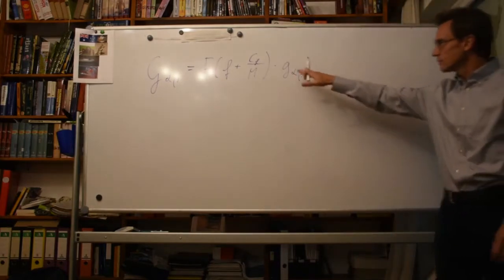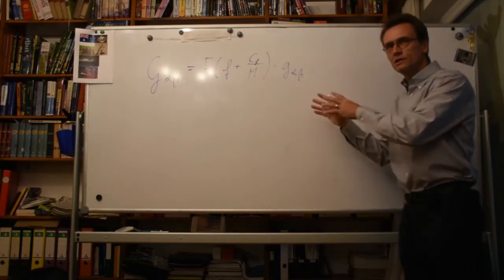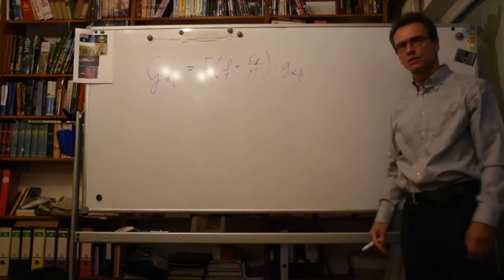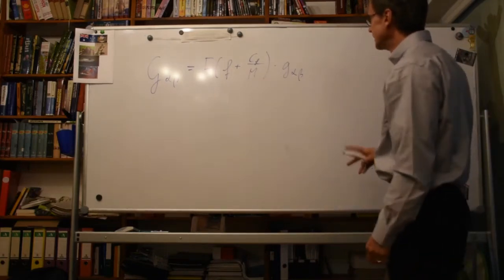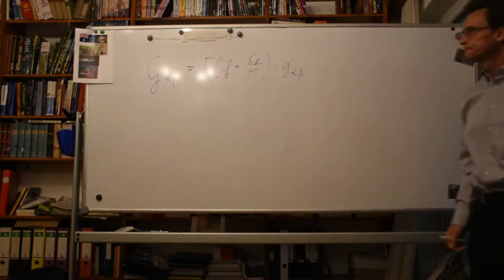This metric can be a known one. It could be flat space, Minkowski metric, Schwarzschild metric, Kerr metric, Kerr-Newman metric, whatever it is. Charged particles, no particles. It could be a metric in arbitrary dimensions, whatever it is.